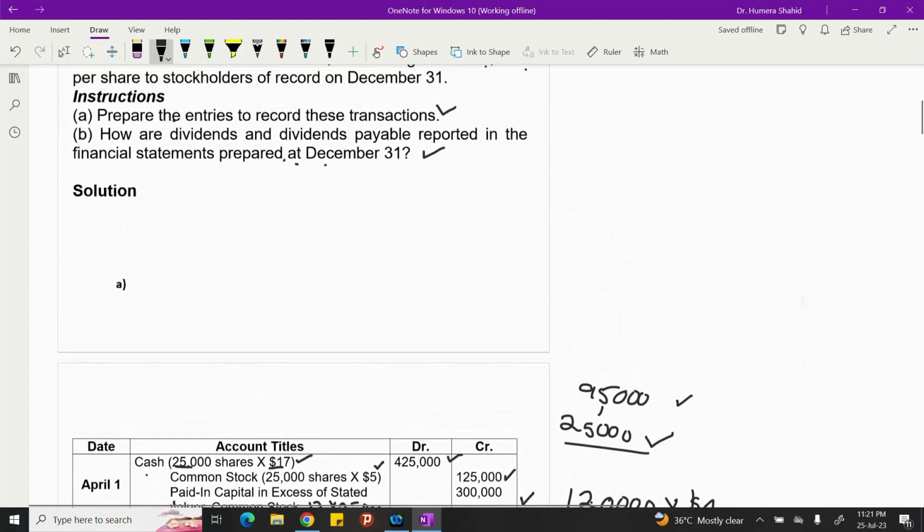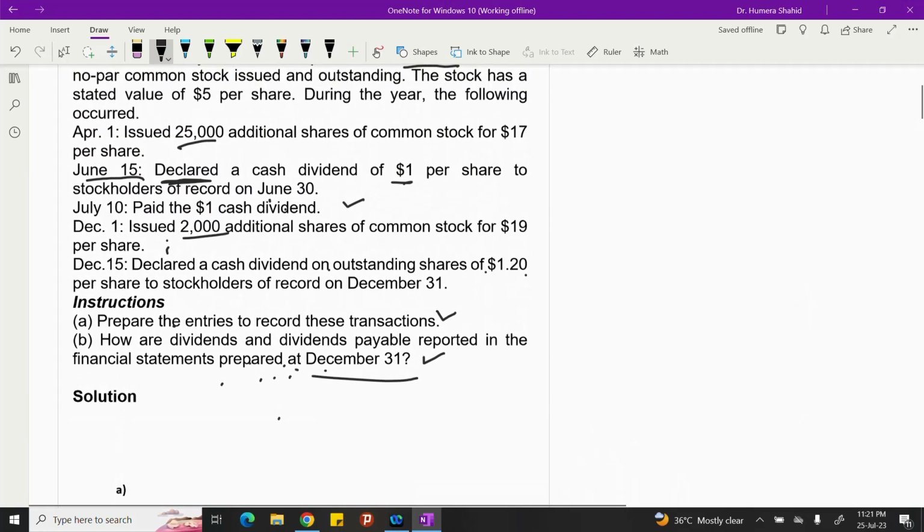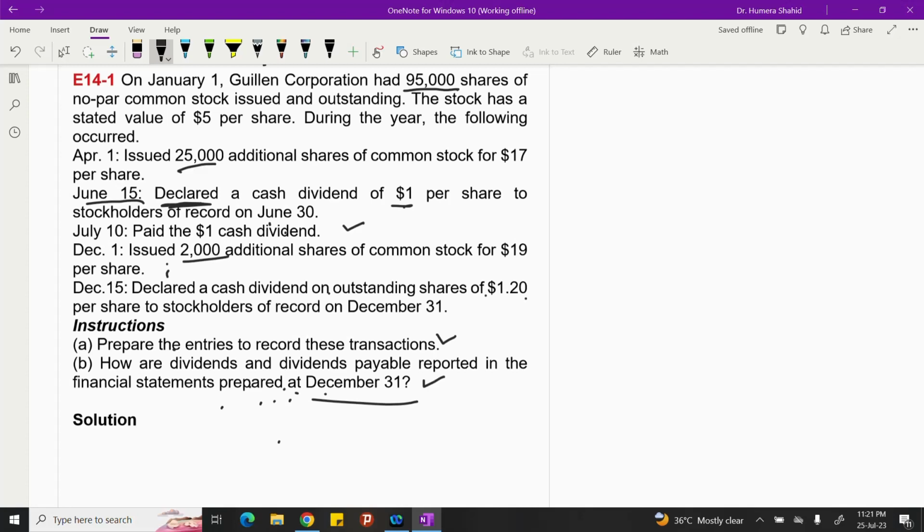Then part B, how are dividends and dividend payable reported in the financial statements prepared at December 31st. If you see, we have two dividend transactions, June 15 and December 15. June 15 was already paid, so there was no dividend payable.